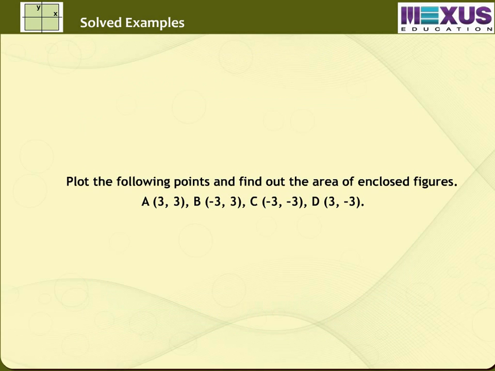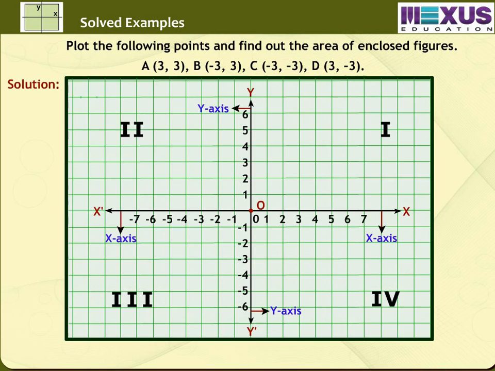Plot the following points and find out the area of the enclosed figure: A (3, 3), B (-3, 3), C (-3, -3), D (3, -3). Draw the x-axis and y-axis with a suitable scale.